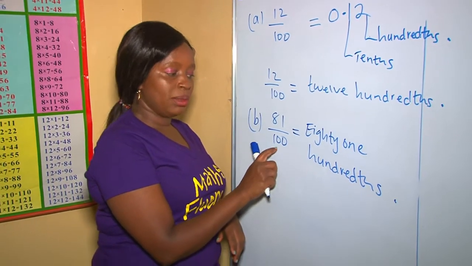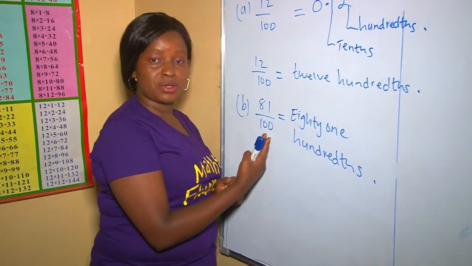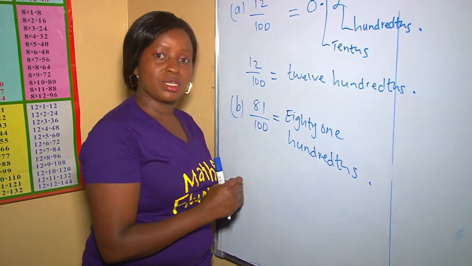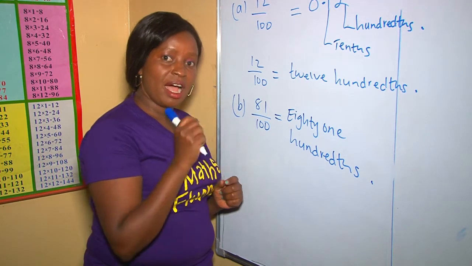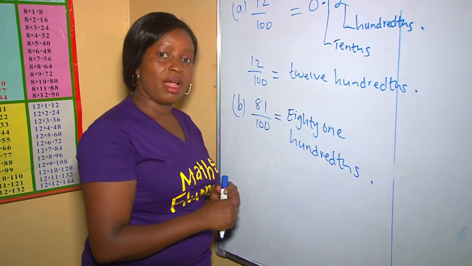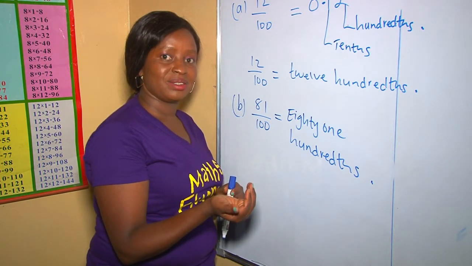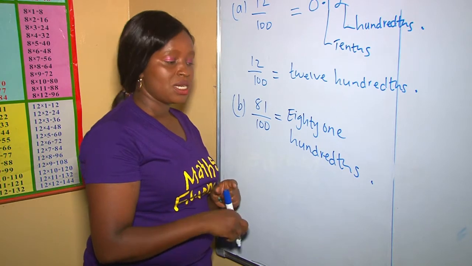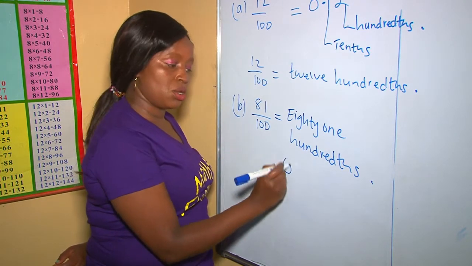When I check at the denominator, how many zeros are there? There are two zeros. The moment I see the two zeros, it clicks in my mind that after the decimal point, there must be two digits on my right hand side. Therefore, to write it as a decimal, it's going to be 0.81.